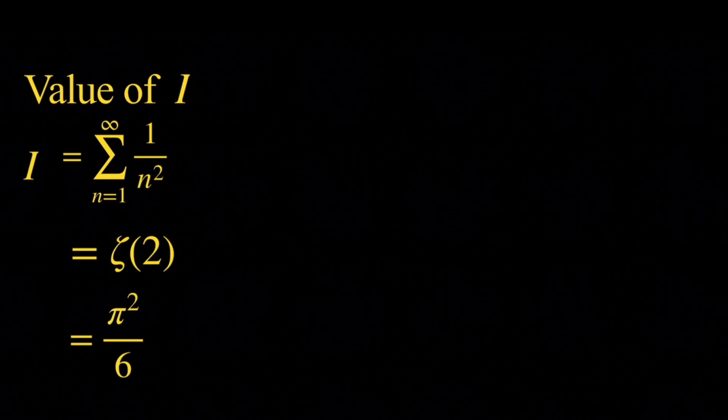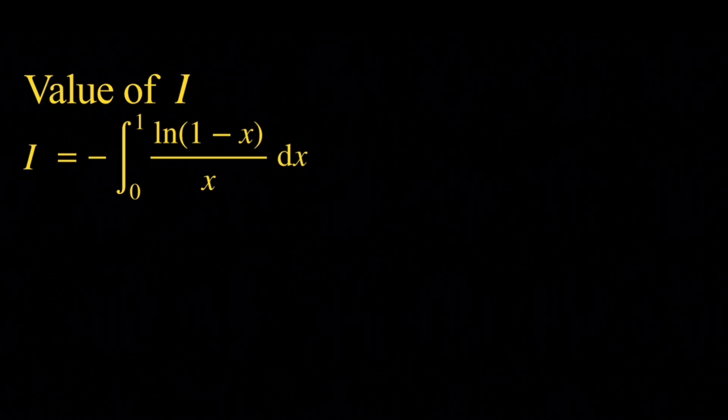Now, quickly, I'm going to present another approach to get the same answer. So to get the same answer, after making a change of variable, we saw that I was equal to negative integral from 0 to 1 of the natural log of 1 minus x over x dx.